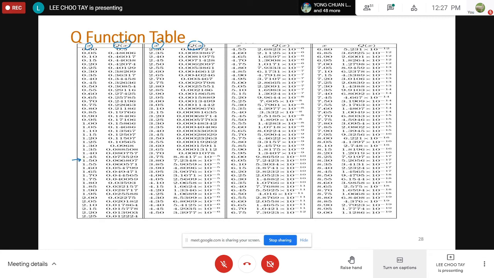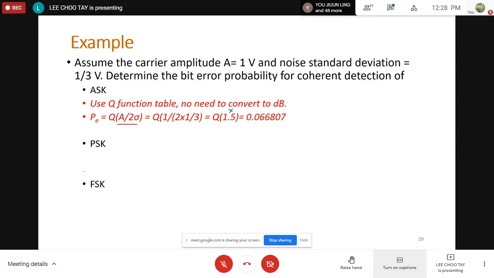Then Q of X is 0.066807. So that gives you the probability of error of 0.066807 if you use the ASK scheme to transmit the signal with an amplitude of 1 volt in a channel with noise standard deviation of 1/3 of a volt.